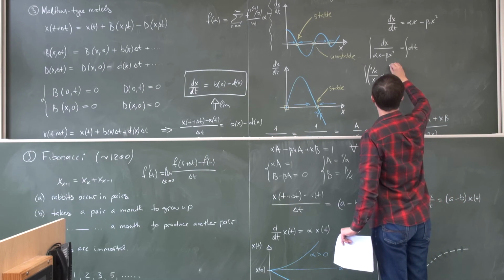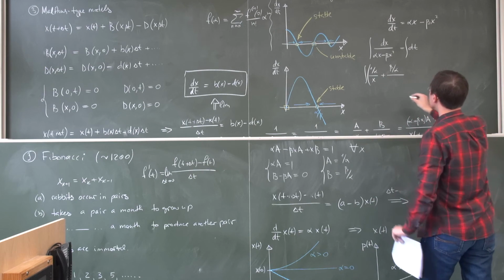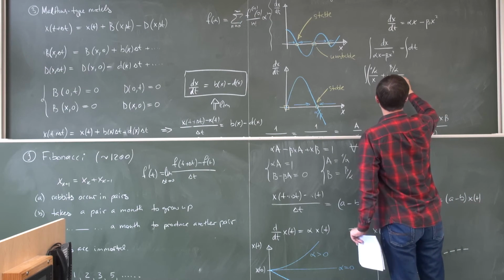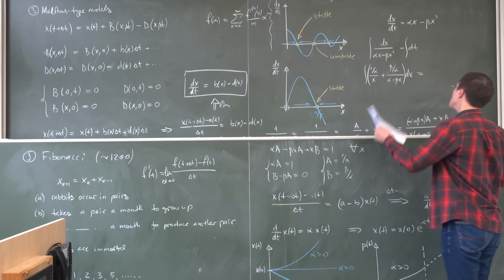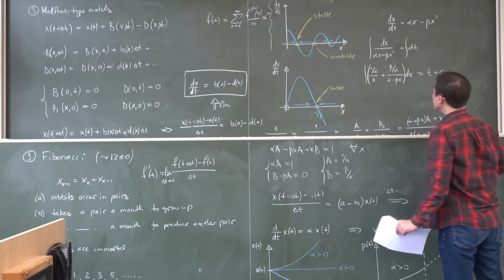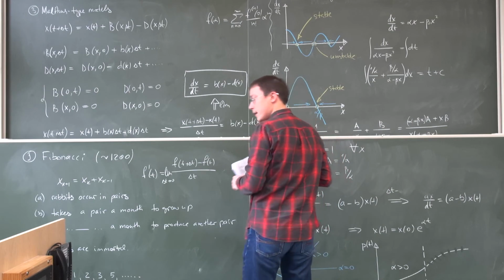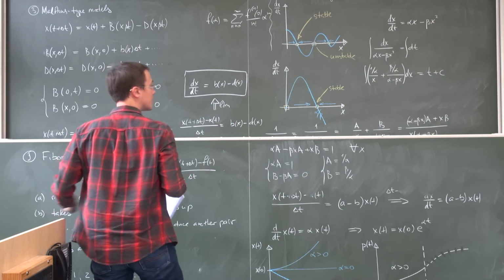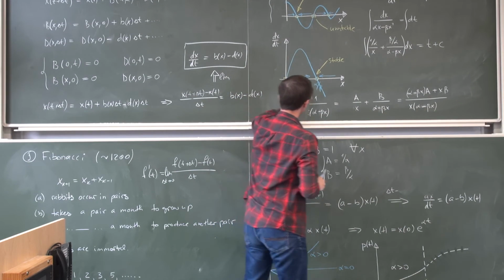So beta over alpha, and the denominator is alpha minus beta x, dx equals, well, integral dt is just t plus a constant. Lovely. Well, we actually know how to integrate 1 overs. These are just logs. Let's make some space and do those logs.